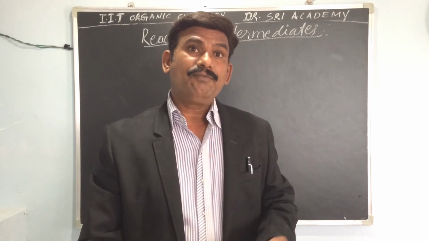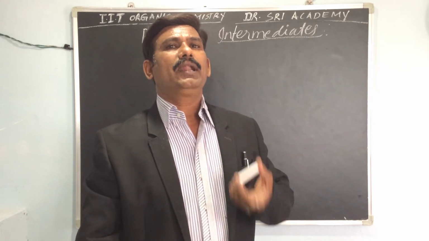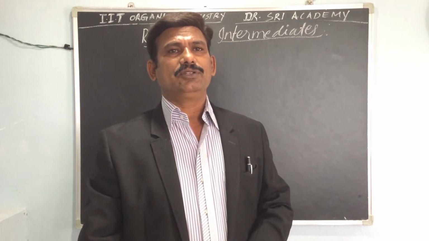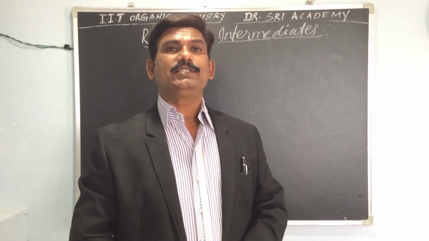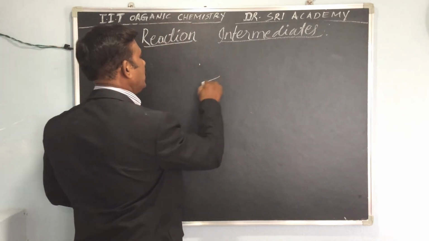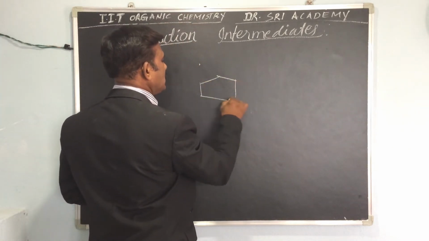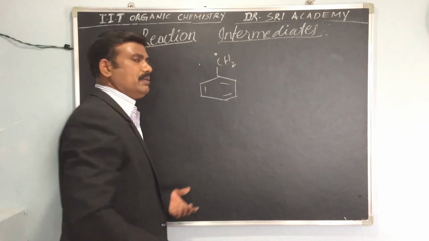The stability of the carbon free radical is favored by resonance and hyperconjugation. So we know resonance of the free radical. For example, this is the free radical, this one containing benzene.